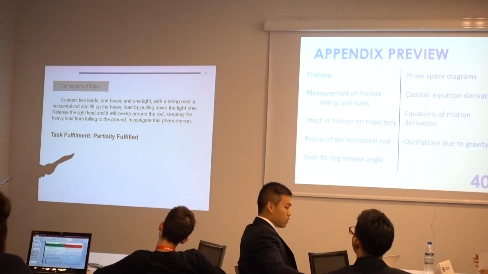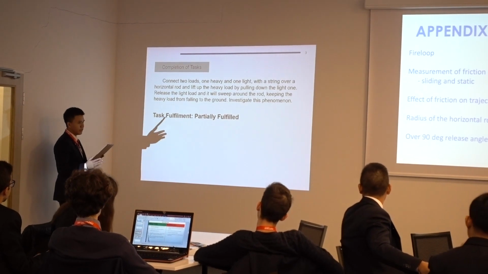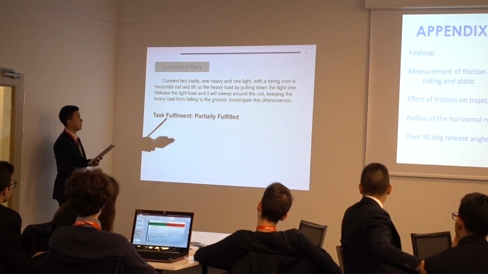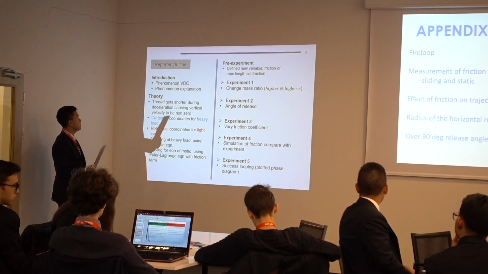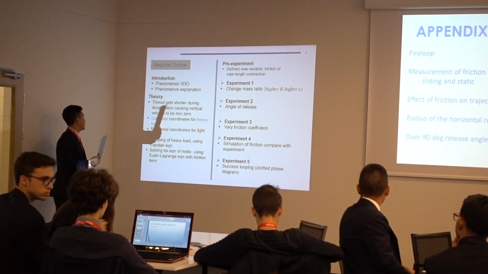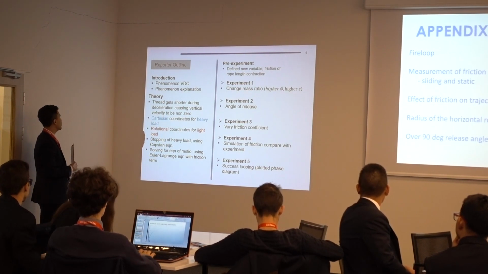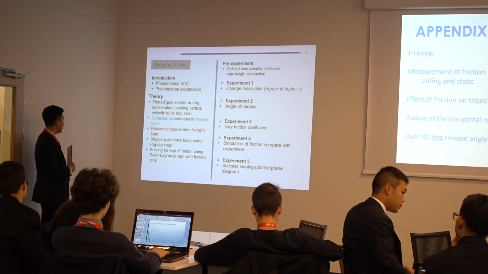The theory I will discuss later, and there are some graphs that they have not yet shown whether that theory is possible or not. For the reported outline, they began by introducing us to the phenomenon video and an explanation of the phenomenon qualitatively. For the theoretical part, they say that the thread gets shorter during the deceleration, causing the vertical velocity to be non-zero.